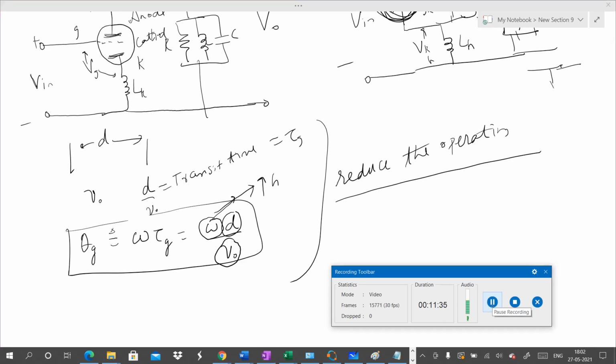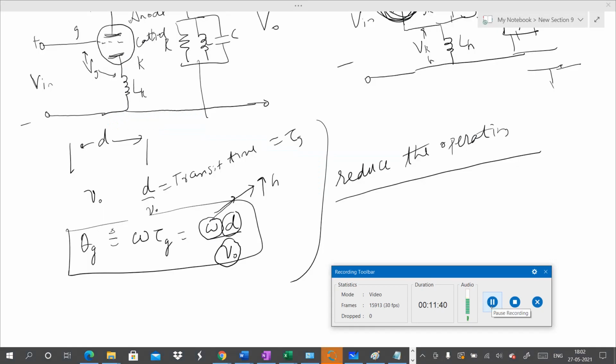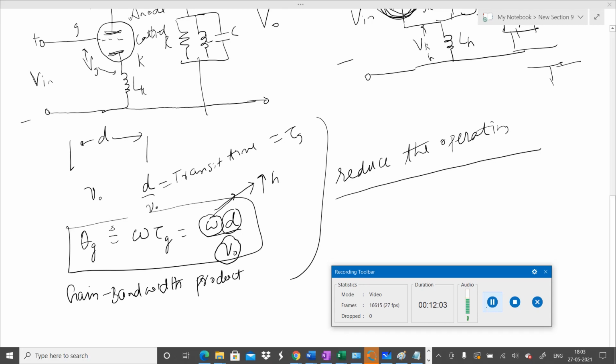The third reason, which I will just state qualitatively, is related to gain bandwidth product. In usual vacuum tube based devices, the gain bandwidth product is independent of frequency, but we want the gain bandwidth product to increase with frequency, which is not possible with usual vacuum tube circuits.